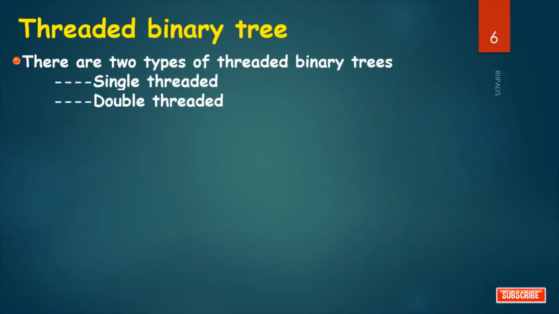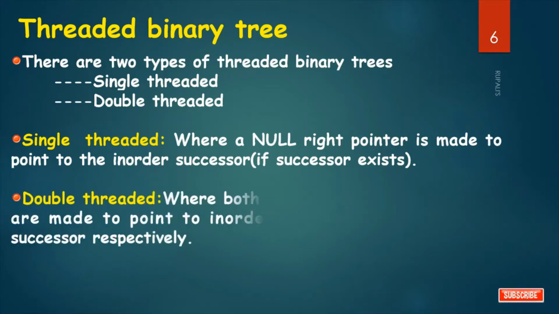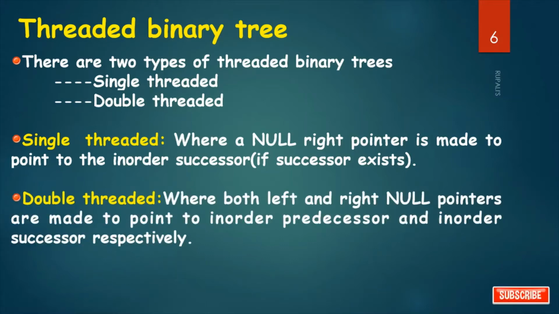There are two types of threaded binary trees, single threaded and double threaded. In a single threaded binary tree, a null right pointer is made to point to the in-order successor if the successor exists. And in a double threaded binary tree, both left and right null pointers are made to point to the in-order predecessor and in-order successor respectively.